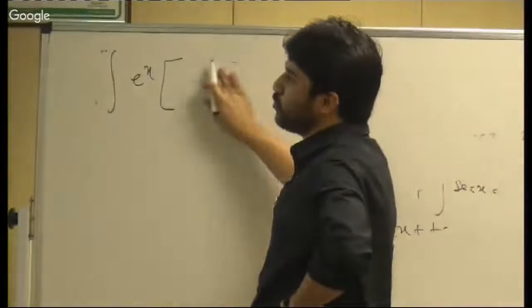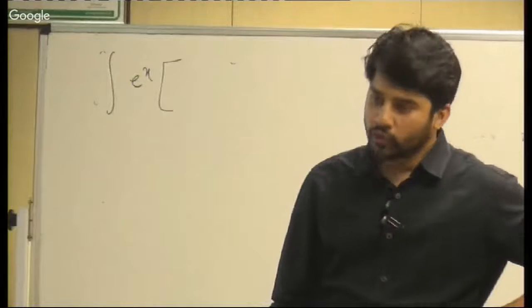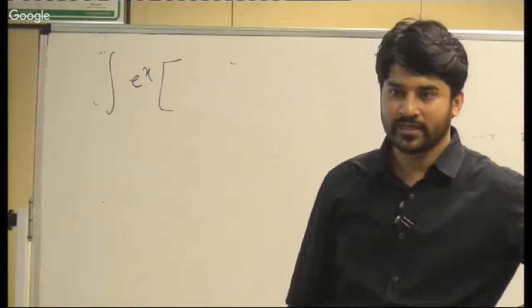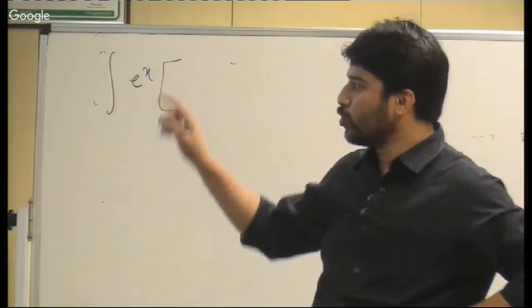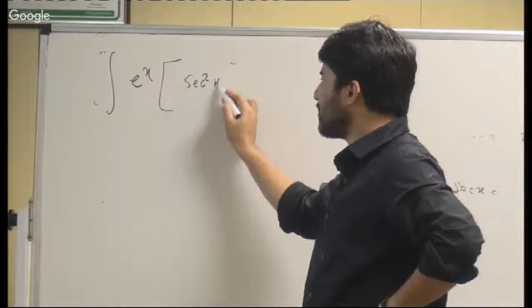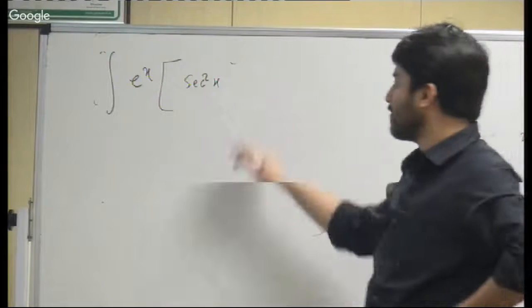1 plus cos 2x is nothing but 2 cos square x. So 2 cos square x. So 2 upon 2 cos square x will become, oh, I got something which can easily be integrated, right?